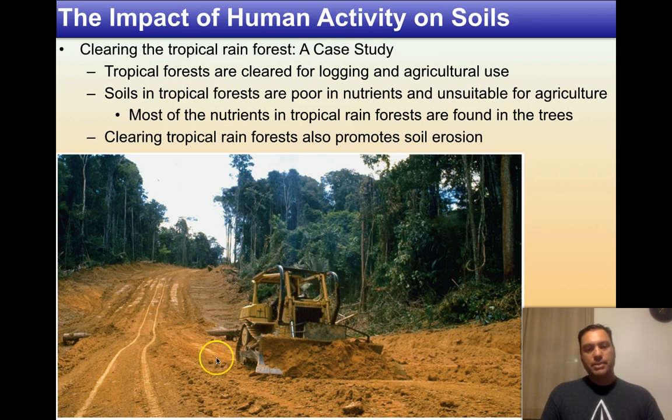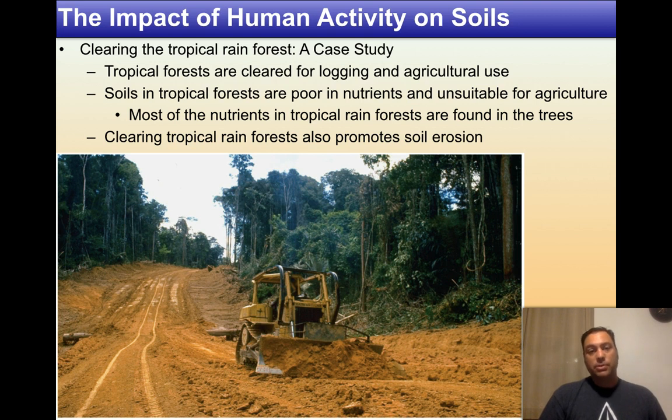And when you strip this thing out, you're actually removing the O horizon. What can grow here after that? Nothing. And observation of areas where they've tried to rehabilitate these rainforests shows that they don't actually rehabilitate the rainforest itself. It turns into a grassland, and in some cases it actually turns into a desert. So this is really a bad way to clear land.